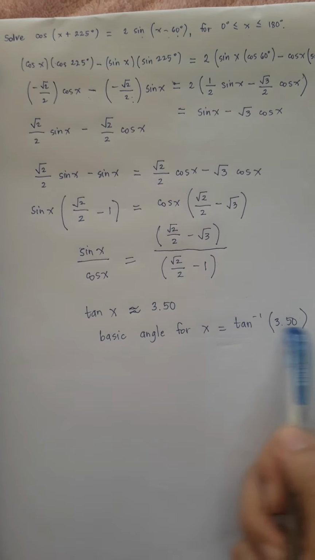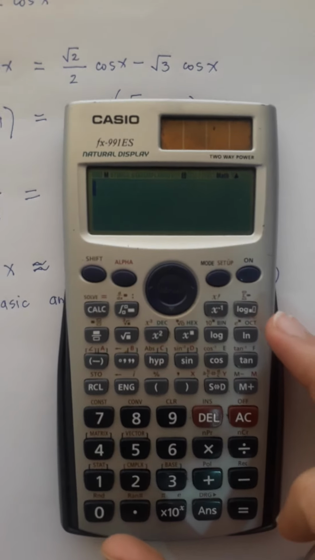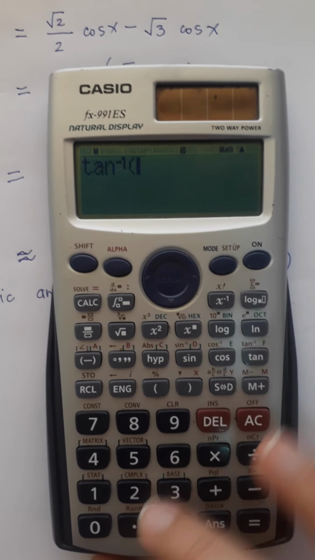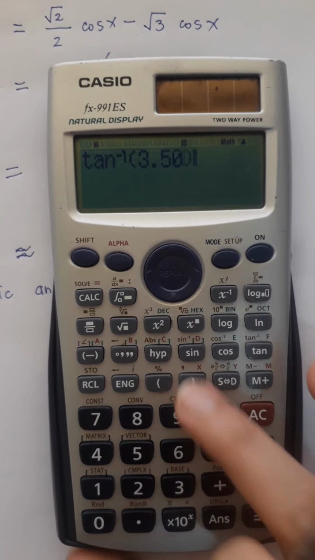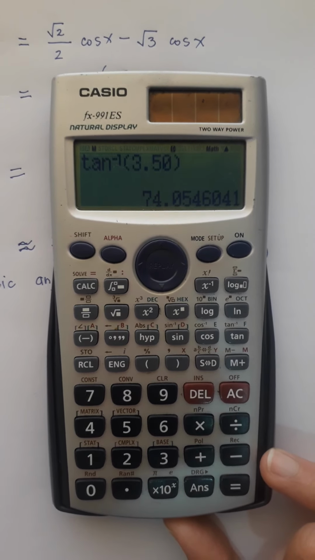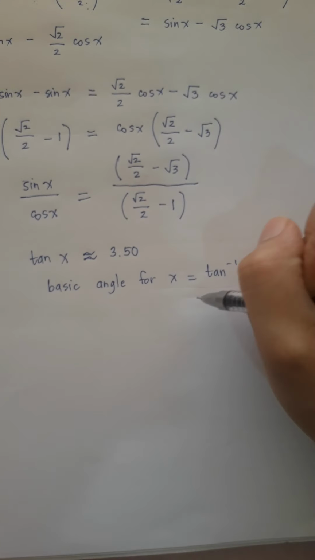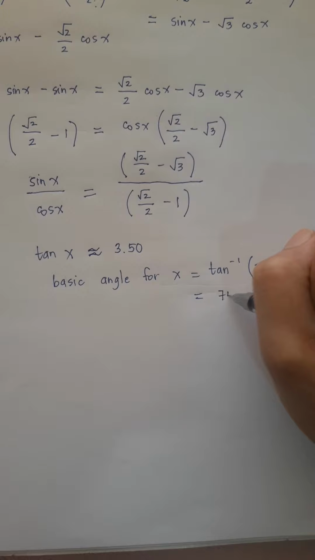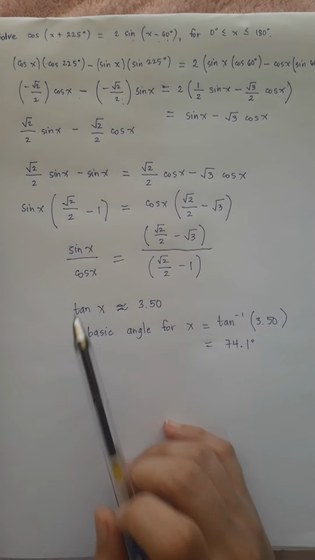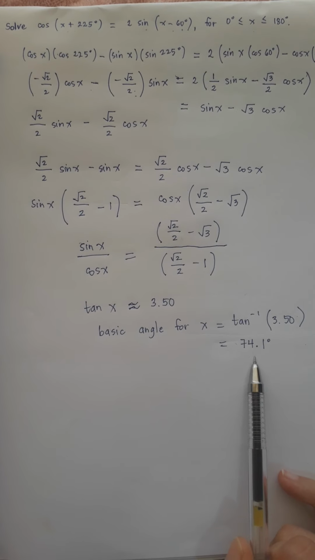Again, when we do this, make sure your calculator is in degree mode, because the angle should be in degrees. It is in degree mode, so I'll do shift tan of 3.50, and I got, correct to one decimal place, 74.1 degrees. So the basic angle is 74.1 degrees.